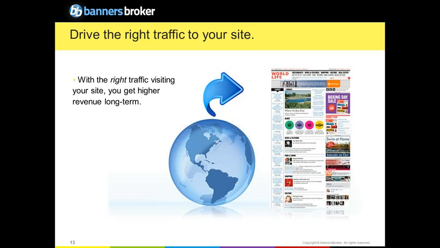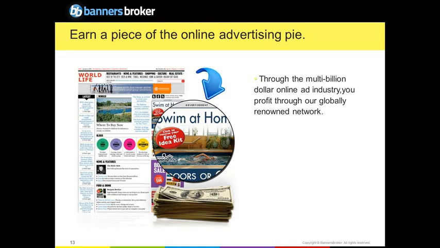Well, instead of getting just any kind of traffic, having the right traffic, because remember, you created the categories of the types of website we were going to put your ad on. You decided the locations in the world where you wanted your ad to be seen, and then Banners Broker went out and found publishers that met your criteria and placed your ads up. So in the AdPub Combo, you have the advertiser built in. What's unique is you also are now able to be a publisher.